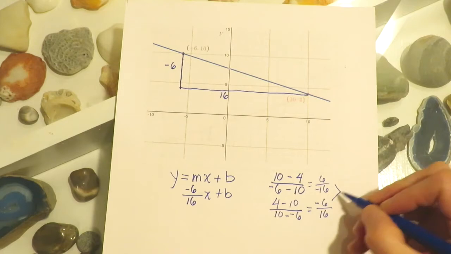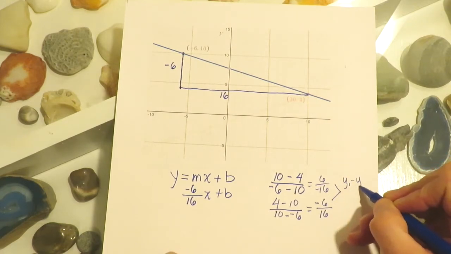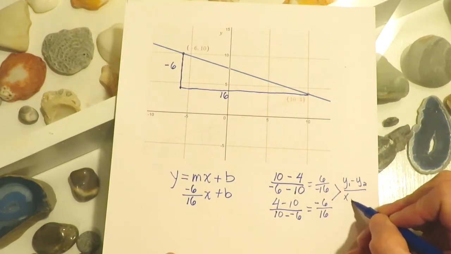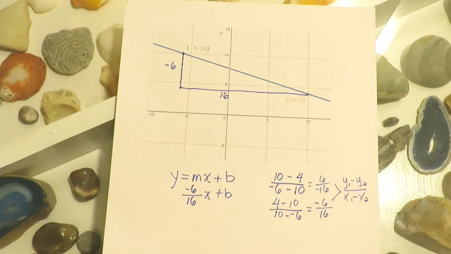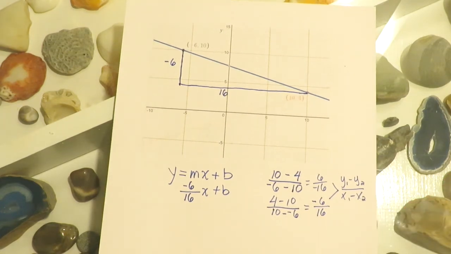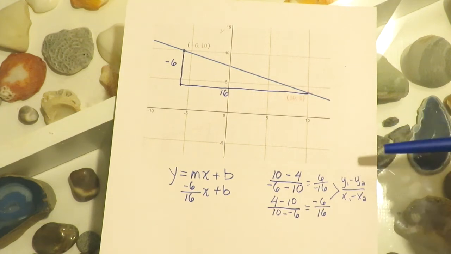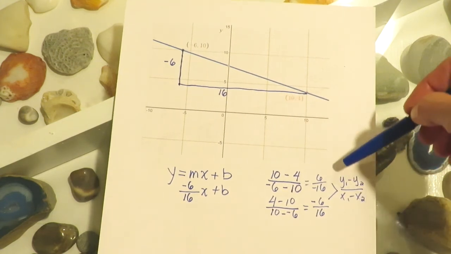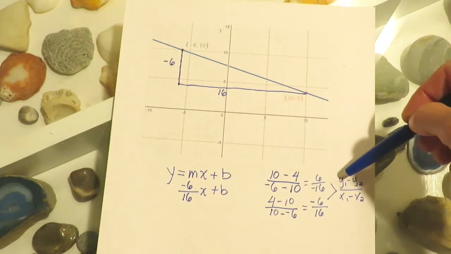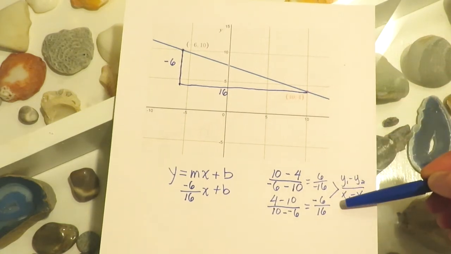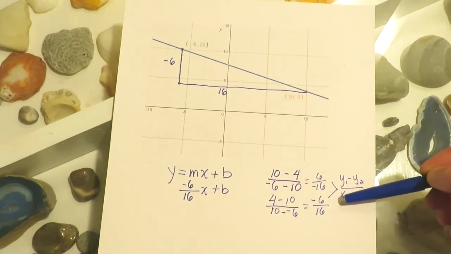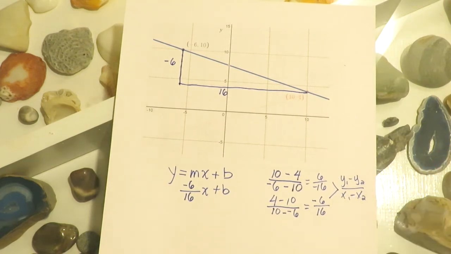So in general, what I'm doing here is finding the difference between two y values and dividing that by the difference of the x values. And who is 1 and who is 2 doesn't matter. What does matter is once you've chosen a particular point to be y1, its x value has to be the first number in your difference in the denominator. Otherwise, your slope will be the opposite of what it really should be.